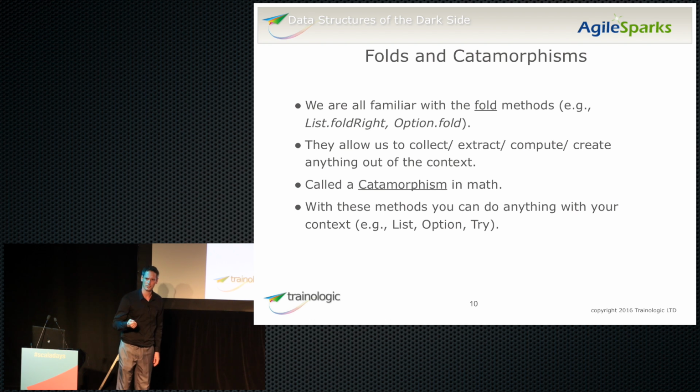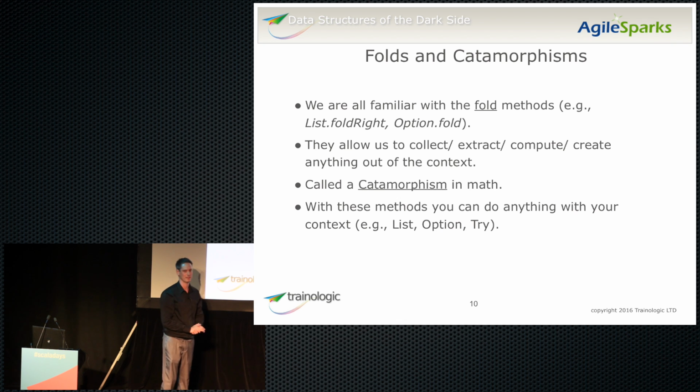So with a fold method, I can do anything I want with my context, with my data structure, or it may be even something which is not a data structure. We can collect, extract, compute, create anything. We can do anything. If I have to choose only one method on an option, I will choose fold and use it everywhere. Not saying that you should not use the other methods, but you can create any method you want on option, for example, using the fold.